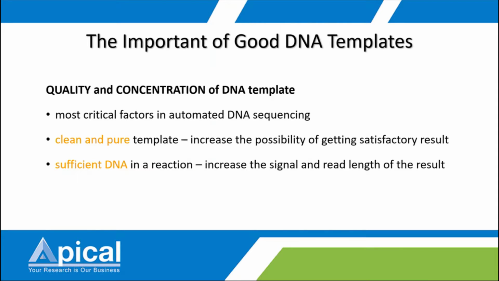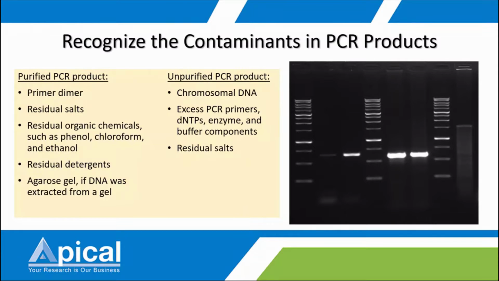It should also have a good concentration, which ensures sufficient DNA in the sequencing reaction and increases the signal and the read length of your sequencing results. So how do we get a clean and pure DNA template with sufficient DNA? First you need to know what the contaminants are, so that you can get rid of them. You need to know the potential contaminants in your sample.